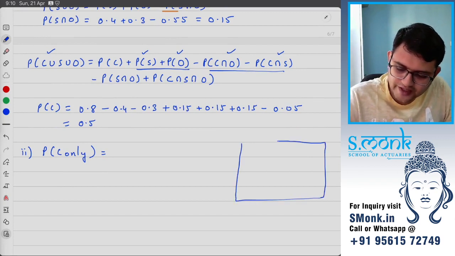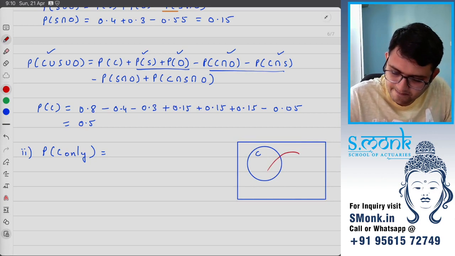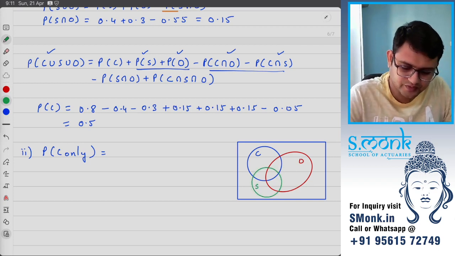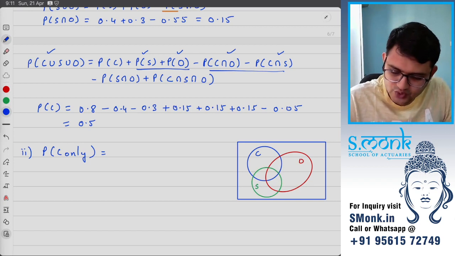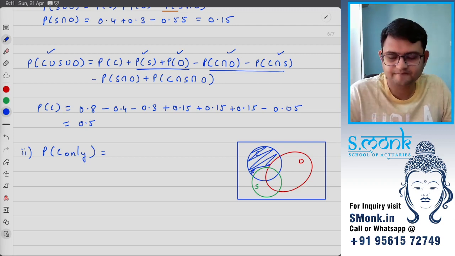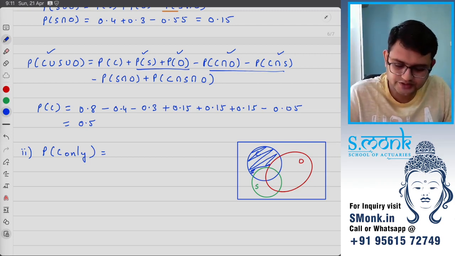So let's draw a Venn diagram. Let's say this is chips, this is onion rings, and this is salad. When I say chips only, it is this part.